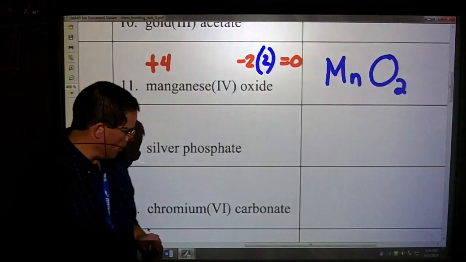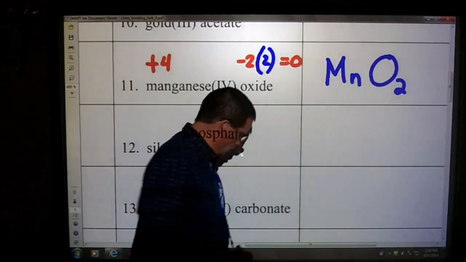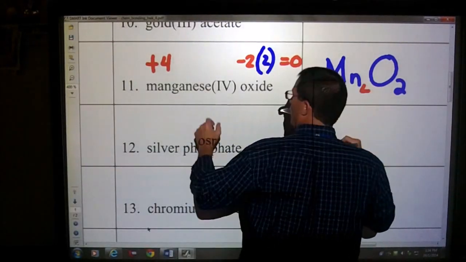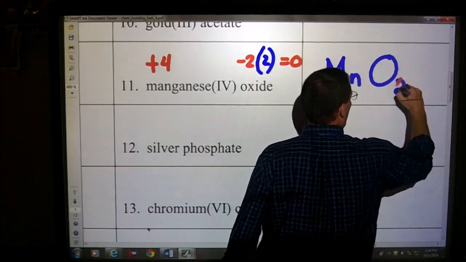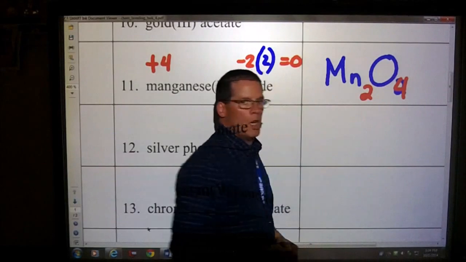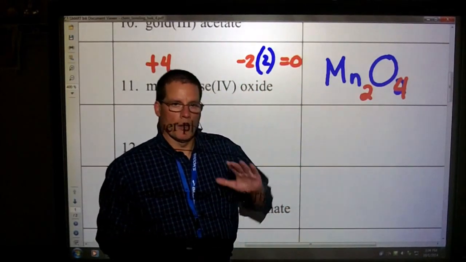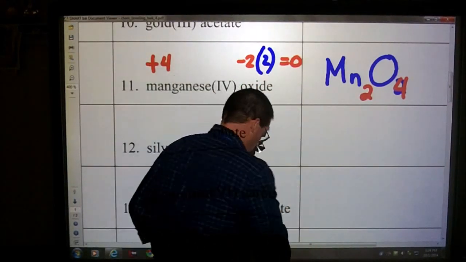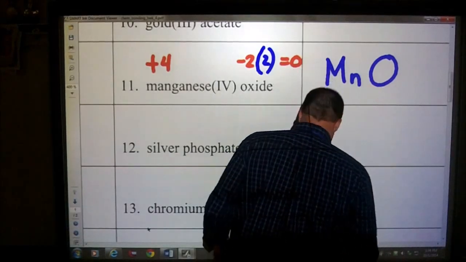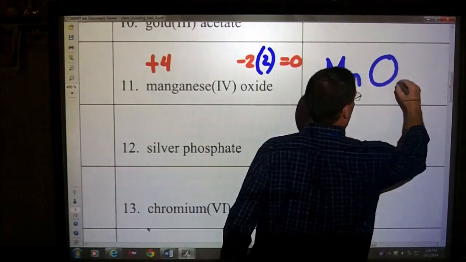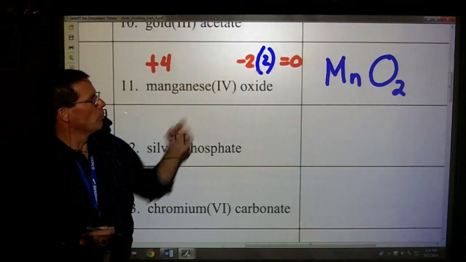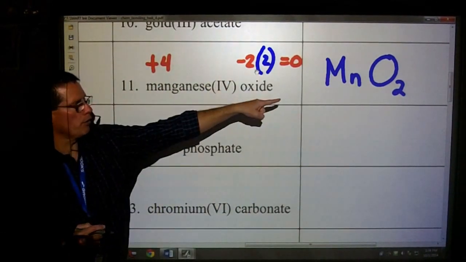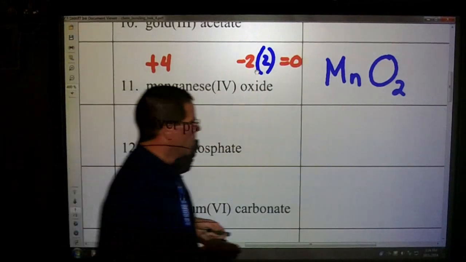So if you initially put a 4 here and a 2 there, you're thinking in the right plane, but we can't have those because we need to have the smallest whole number value. So this is what's nice. We have a 1 there and a 2 there. So manganese 4 oxide looks like that. Okay.